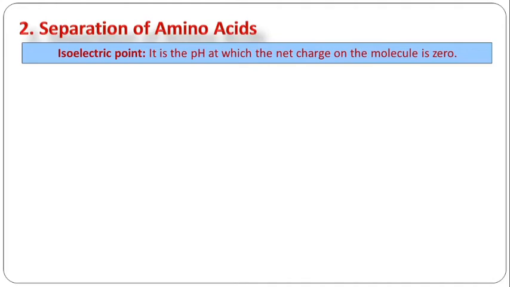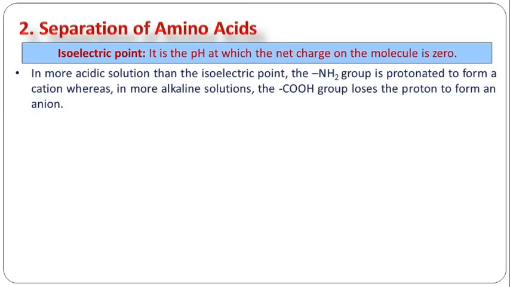In a more acidic solution than the isoelectric point, the amine group is protonated to form a cation, that is the X form. Whereas in a more alkaline solution, the carboxylic acid group present in the amino acid loses the proton and forms an anion, that is the Z form.